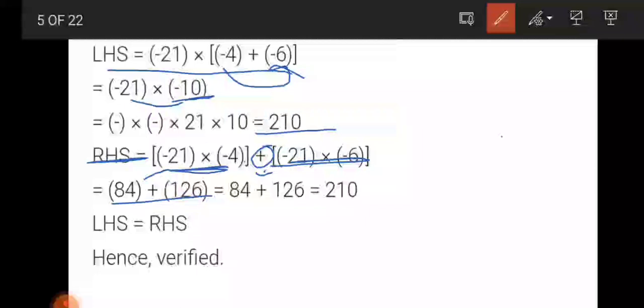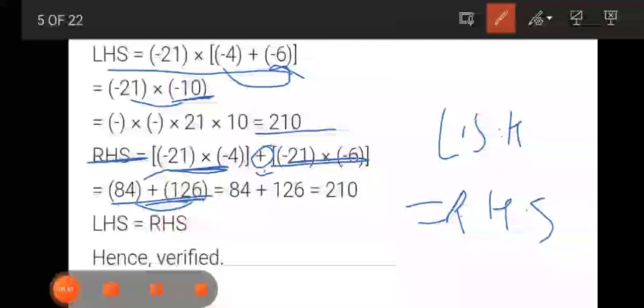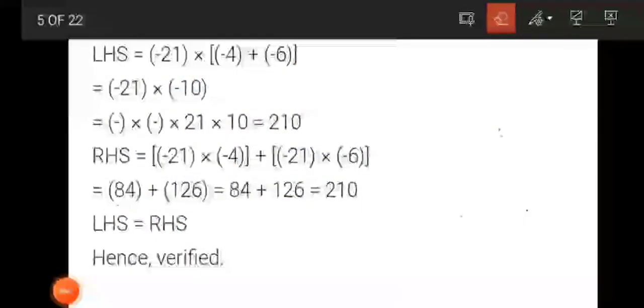A minus product always gives plus, and the minus product gives plus, and then we add both of them, and the left hand side equals the right hand side. That's it. Proved.